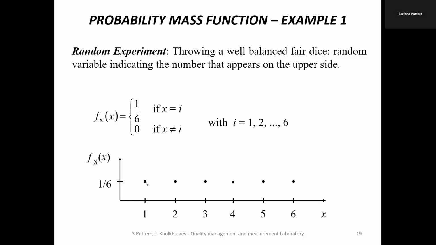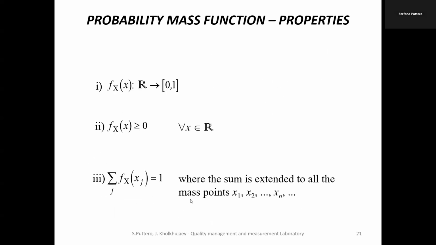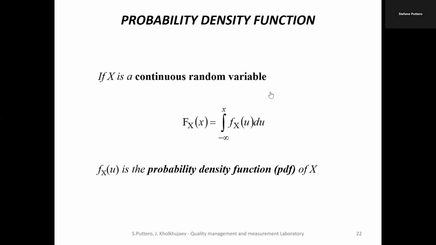Of course, if we sum 1/6 for the first mass point, 1/6 for the second mass point, and so on to the sixth mass point, the sum 1/6 plus 1/6 plus 1/6 plus 1/6 and so on has to be 1. And this is what is written down here in the last property of the probability mass function. Okay, so we can go on from this point.